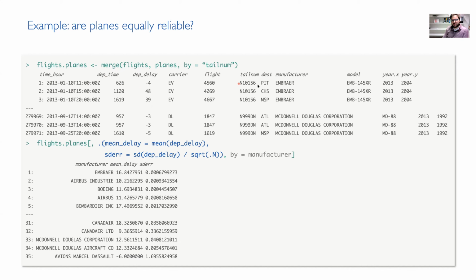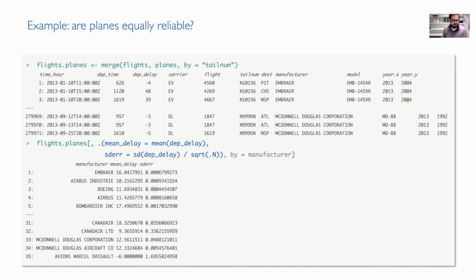But I also get information about the manufacturer, about the model number, and about the year this airplane was created. And because we had already a year column, namely the year of the flight, we now have two different columns, year X and year Y. Year X is the column of the flight, when did the flight take place, and year Y is the year when the airplane was built.